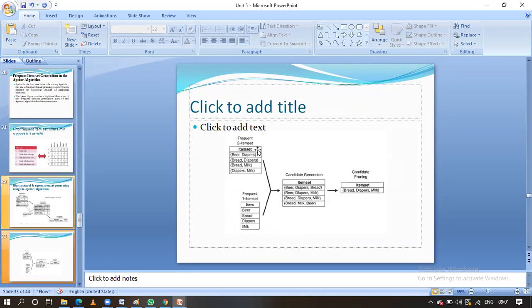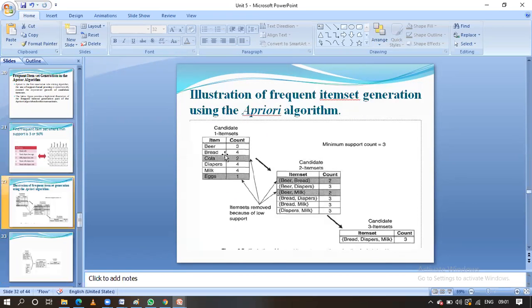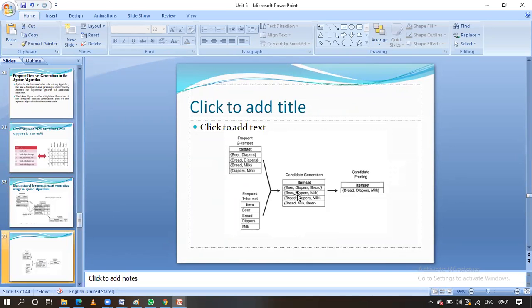Okay, from the two item set, how we are going to get the three item set. This is the one, guys. Beer, diapers, beer, milk, all the combinations now we have written here. All the items that are there, I have written here. After the pruning: beer, diapers, bread, diapers, bread, milk.